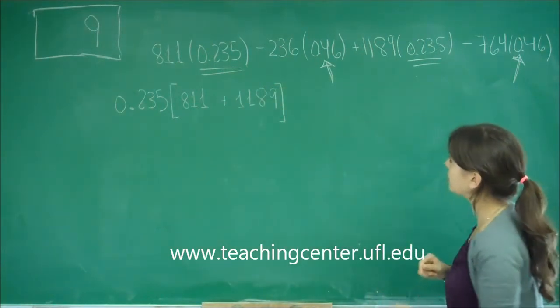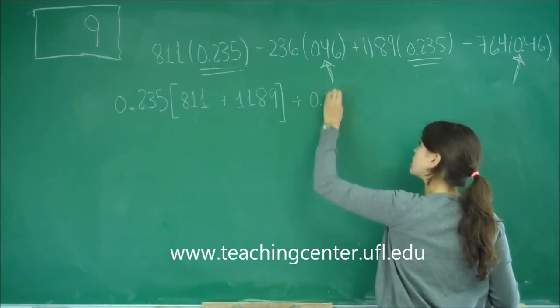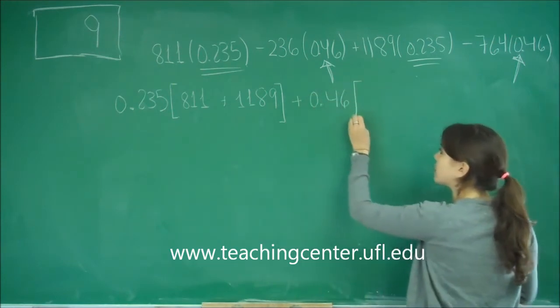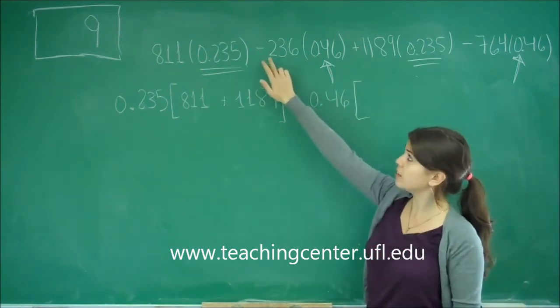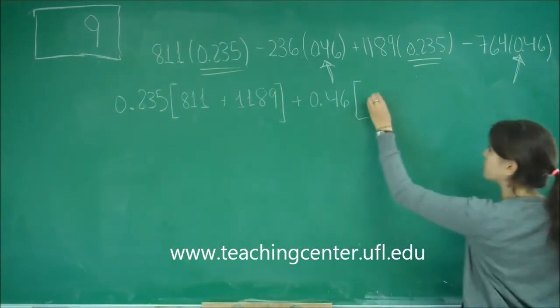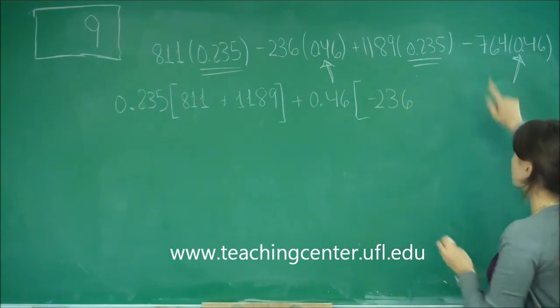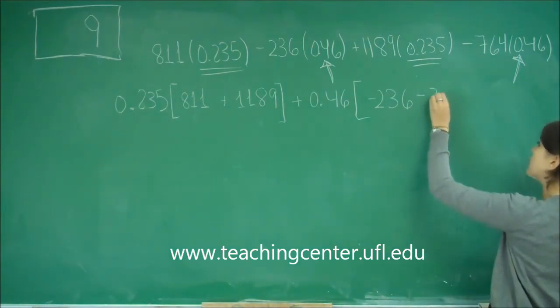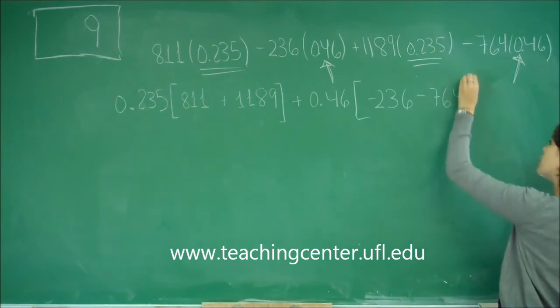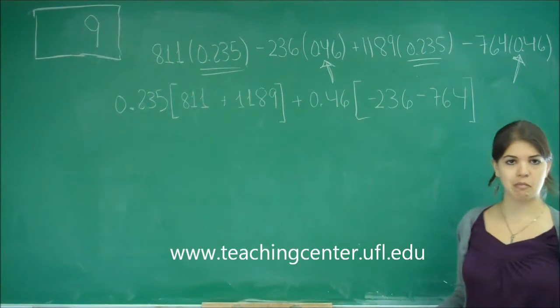And then let's go ahead and take out a 0.46 from the second factor, which is negative 236. Make sure you see this negative. So negative 236. And from the last one is another negative 764. We keep the negative inside, or we could bring it out here, same thing.